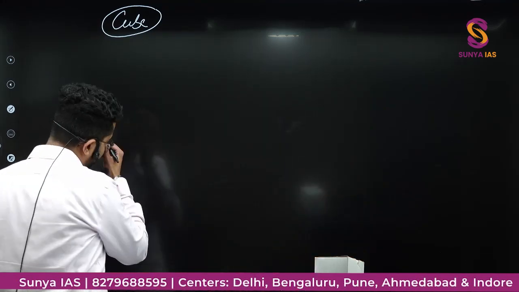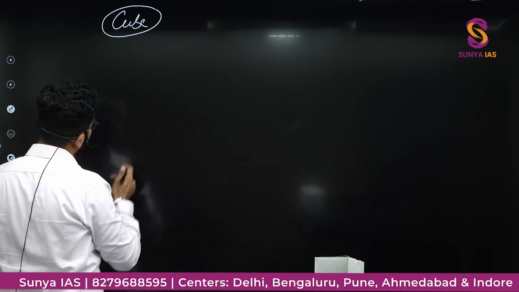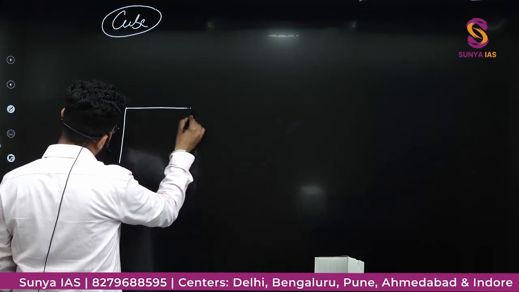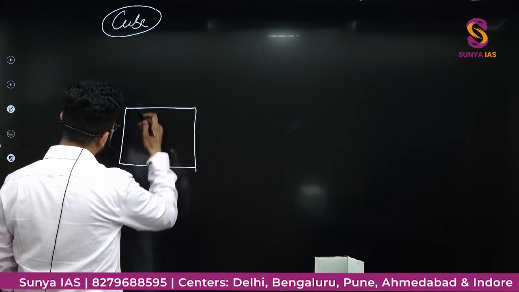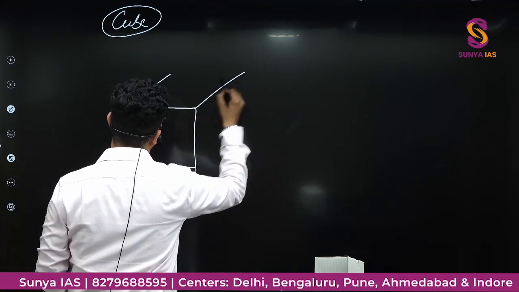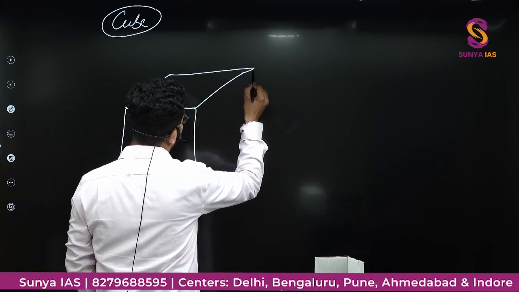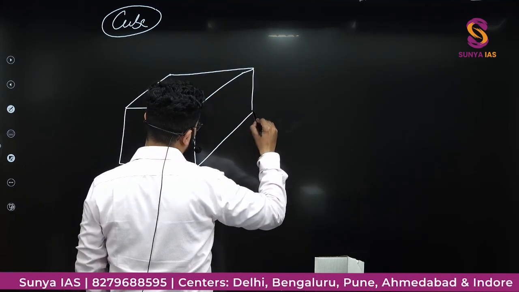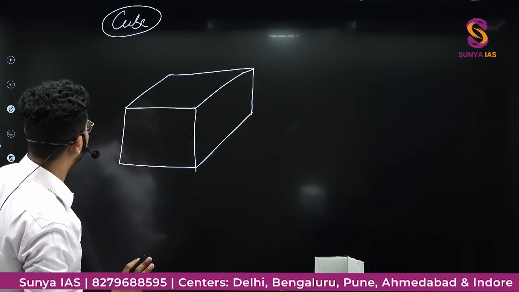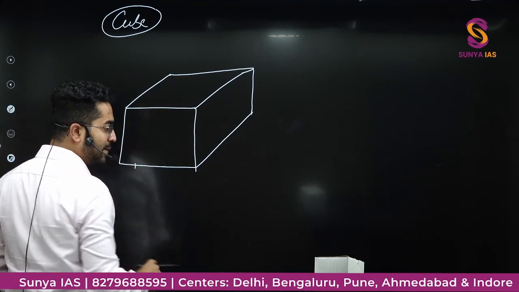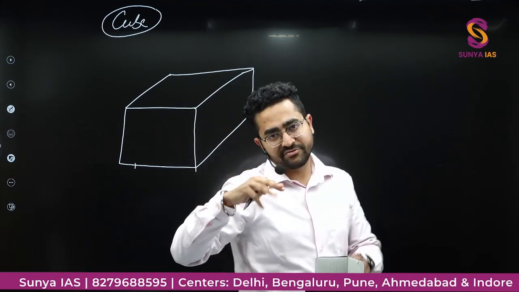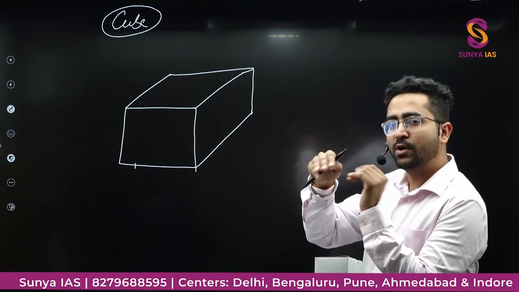Let's say this is a cube of edge 4 centimeter, it is 4 centimeter, let's say. So I am cutting this big cube of 4 centimeter into small cubes of 1 centimeter.